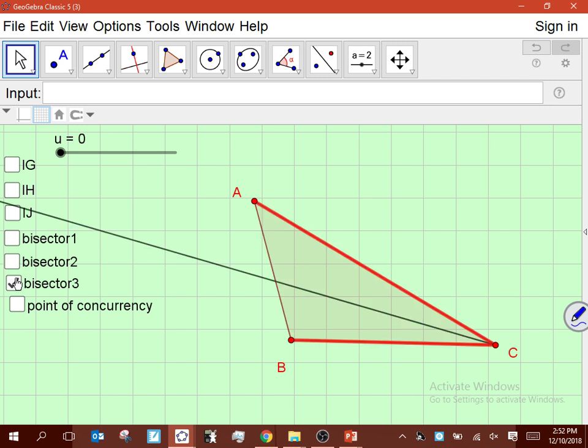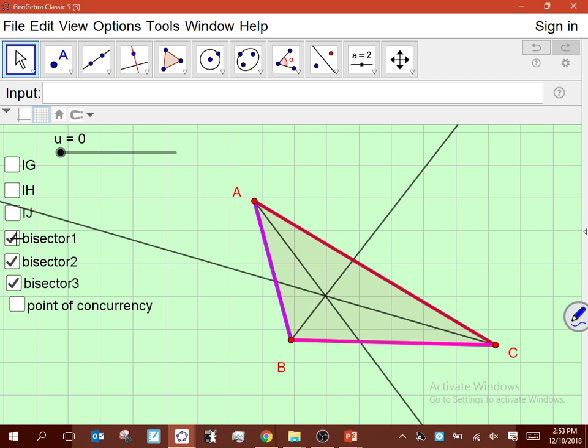Any point on that third bisector is going to be equidistant from the two red sides, right? So let's put all these in there. What do we call them when three lines intersect at one point? Starts with a C. Concurrent. Those three rays are concurrent at that point.